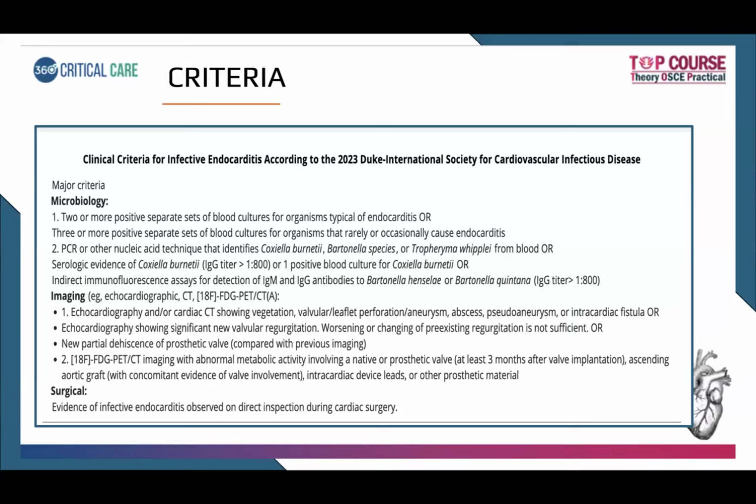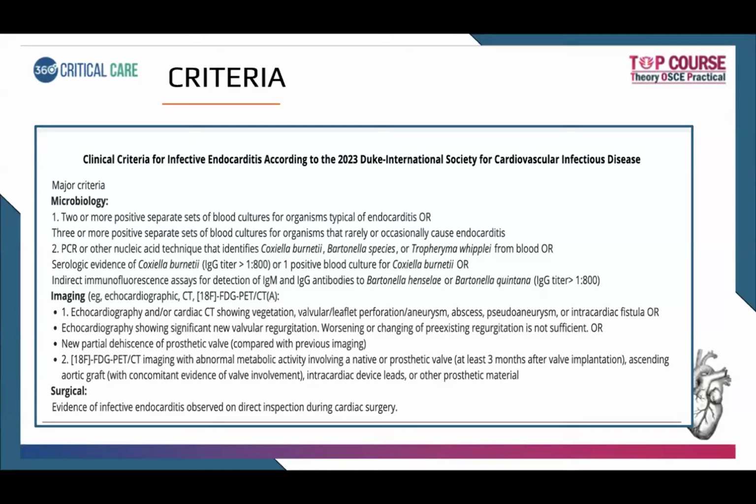Coming on to imaging, previously there was only echo, now these are included. Echocardiography or a cardiac CT showing vegetation, valvular leaflet perforation, aneurysm, abscess, pseudoaneurysm or a fistula; or echocardiography showing significant new valvular regurgitation. Worsening or changing of pre-existing regurgitation is not sufficient, you should have a new valvular regurgitation or a new dehiscence.